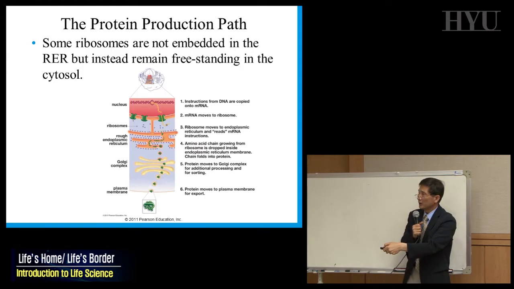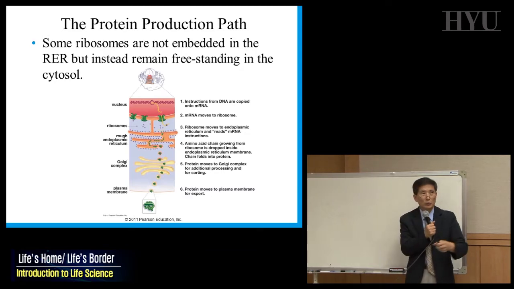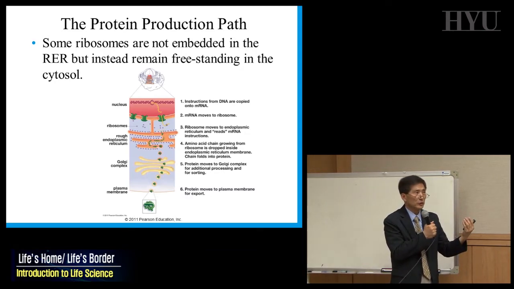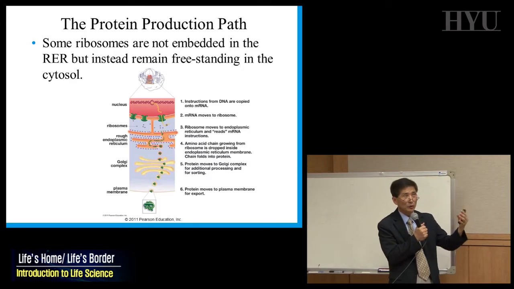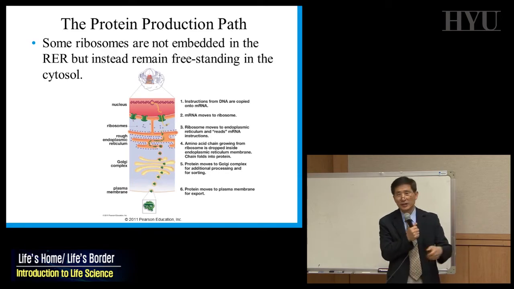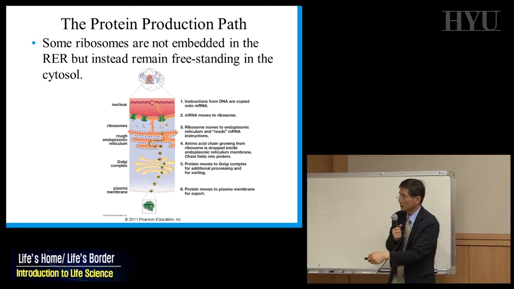This RNA comes out of the nucleus. Where does it go? Inside the cell, outside the plasma membrane. What do we call that? Cytosol or cytoplasm, the space or liquid that fills it. So the RNA came out into the cytosol.